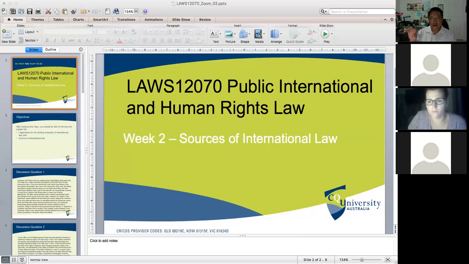You are not assessed on that criterion in relation to the other two assessments, but you are being assessed particularly in relation to your ability to apply the rules to the facts as far as the research essay is concerned. So if you examine the assessments in relation to the group discussions as well as the web page, you're not actually permitted to try to apply the rules to the facts. So application, the ability to apply the rules to the facts, is something that you are not being assessed on in relation to the web page and group discussion assessments. So you're being assessed across different dimensions.